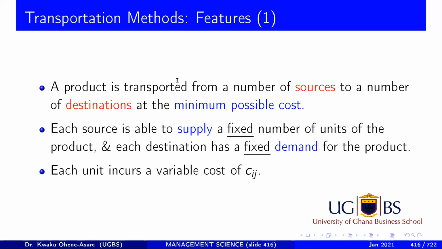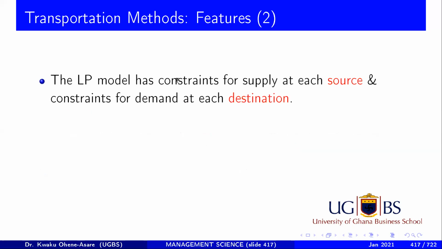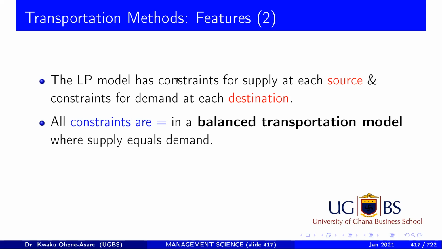Each unit incurs a variable cost of Cij. So the linear program will have constraints for the supply, and then also constraints for the demand. The number of constraints is determined by the total supply and demand nodes.